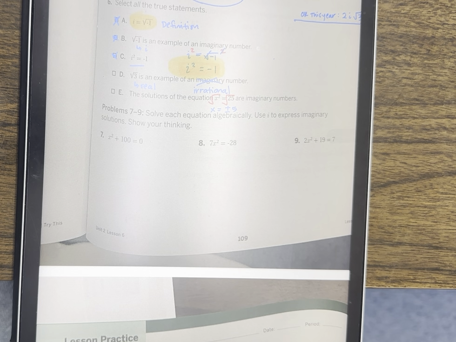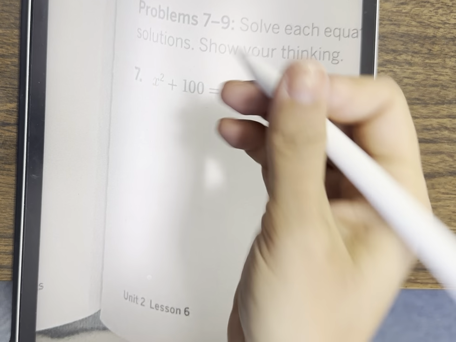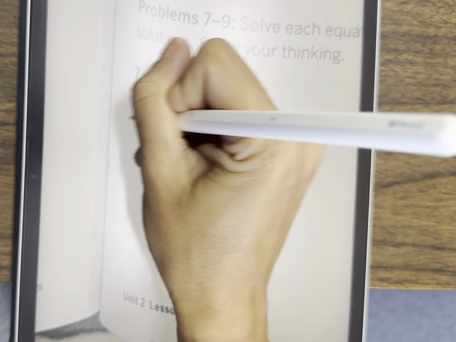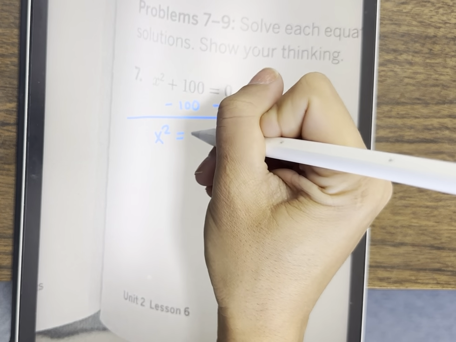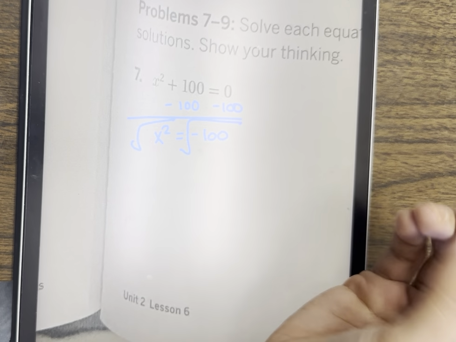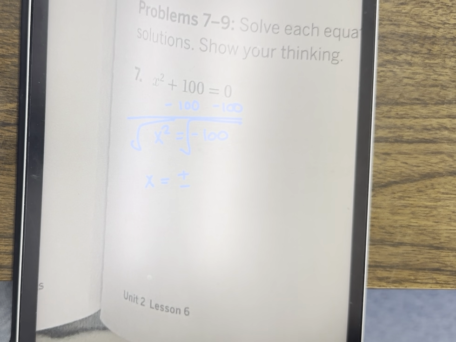Okay, now we're going to solve. x squared plus 100 equals 0. We first subtract the 100. We next square root both sides to get that x equals plus or minus the square root of -100.